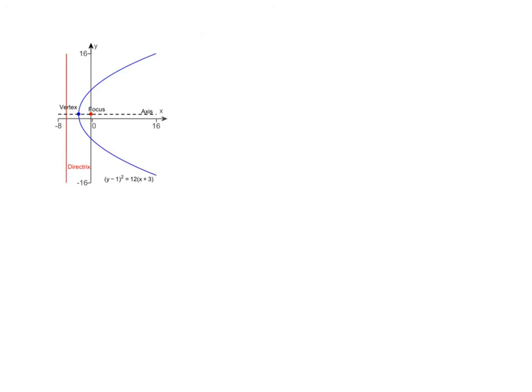A parabola that opens sideways has an equation y squared equals 4p times x. And if we have a shift, like here where we have y minus 1 squared equals 4p times x minus negative 3, that means our vertex has shifted from (0, 0) to the point x equals -3 and y equals 1.